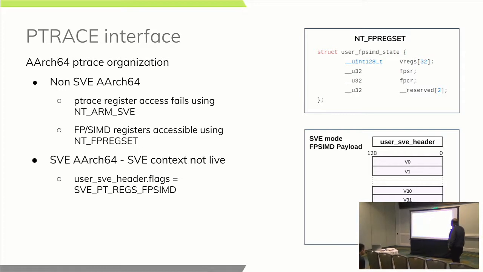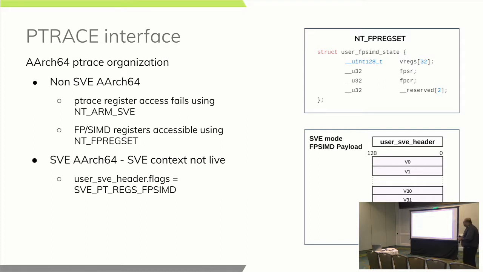Okay, so here is a picture of the payload if we are running in non-SVE mode. So we have user FPSIMD state, which encapsulates the 32 V registers of 128 bits. If we make a ptrace call with the NT_ARM_SVE flag, three outcomes can happen. The first outcome is that the call fails, which essentially means that the current thread does not support SVE, and it is a simple AArch64 mode thread.